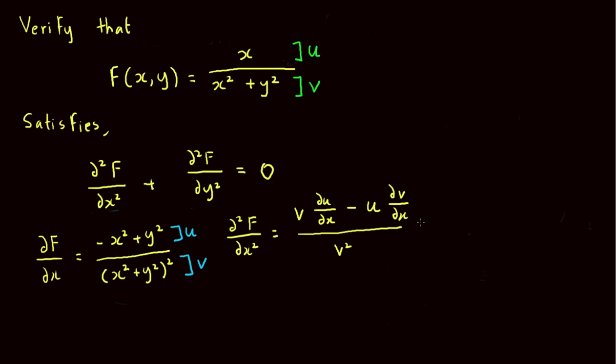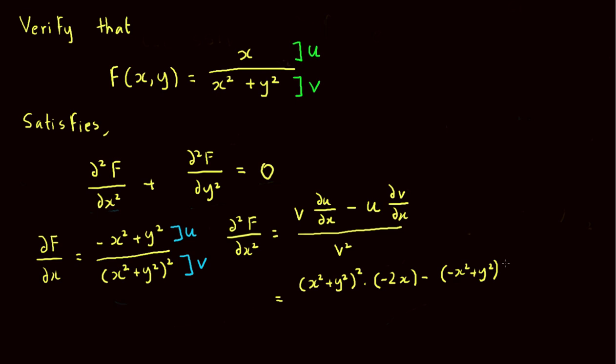So in this case, v is x squared plus y squared to the power of 2. Del u del x is just negative 2x. Minus u, which is negative x squared plus y squared.